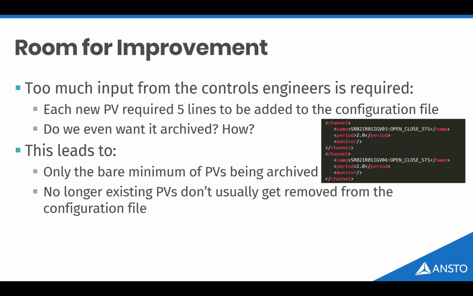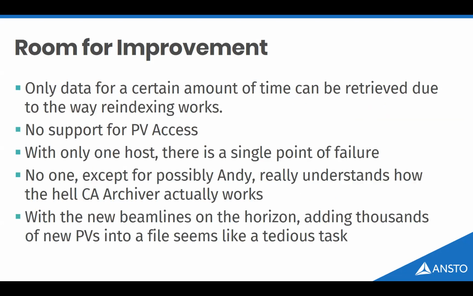Should it be a 2-second period, a monitor or scan? This usually led to not a lot of PVs being archived, and almost as a rule, the PVs would never be taken out of this file if they no longer existed. So obviously there was room for improvement there.